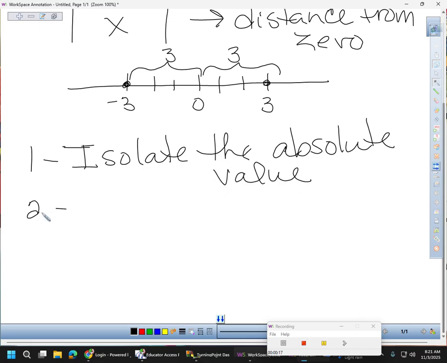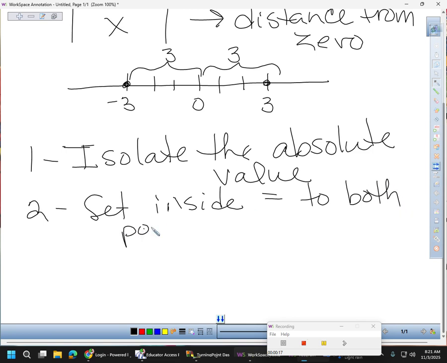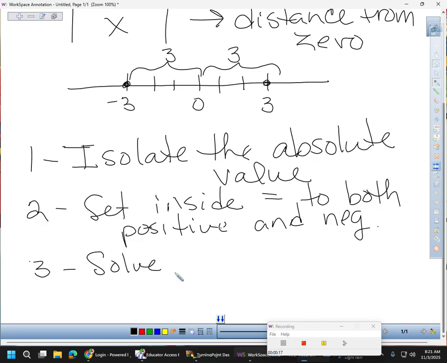Step 2, set the inside equal to both positive and negative. Step 3, solve. Super easy.